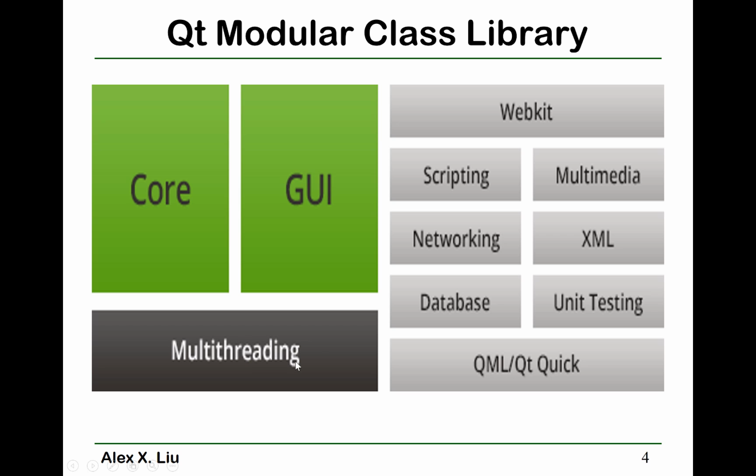It has a multi-threading library and a GUI library. It has many functionalities, like the library to connect to databases, the library to perform networking applications, sending and receiving messages, and also support for XML. So Qt has a rich library.